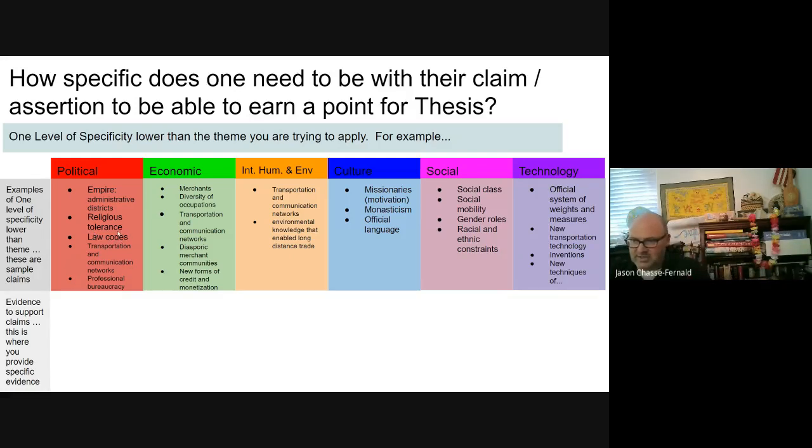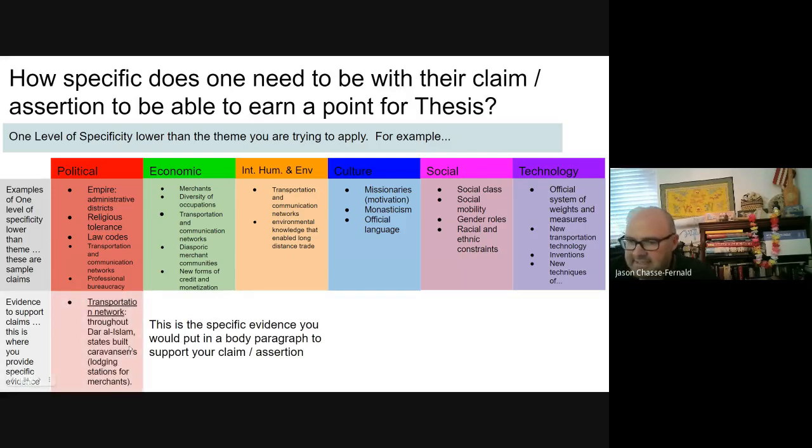So, one of the ways that encouraged Christianity to spread from blank to blank, or that encouraged Buddhism to spread from point A to point B, would be religious tolerance practiced in point B. So that would be my category of analysis. Once you've done that, you can then give specific examples of evidence.